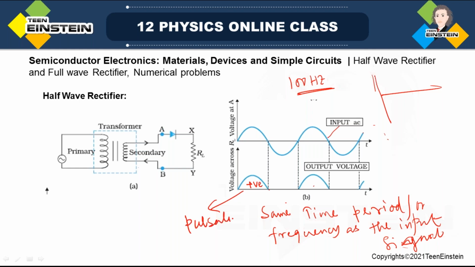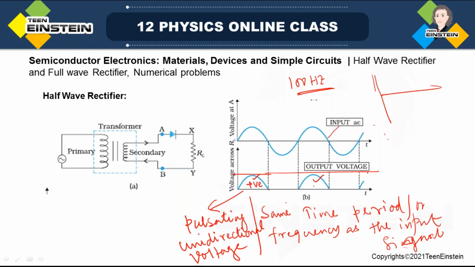So this is called pulsating unidirectional output. You are getting only positive values. That's why it is unidirectional and it is DC. But it doesn't have a constant value. So we get pulsating unidirectional voltage out of a half wave rectifier.